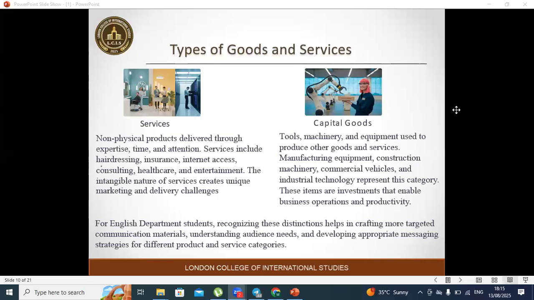Now, about capital goods, of course, tools, machinery, and equipment used to produce other goods or services. Manufacturing equipment, construction machinery, commercial vehicles, and industrial technology represent this category. These items are investments that enable business operations and productivity.